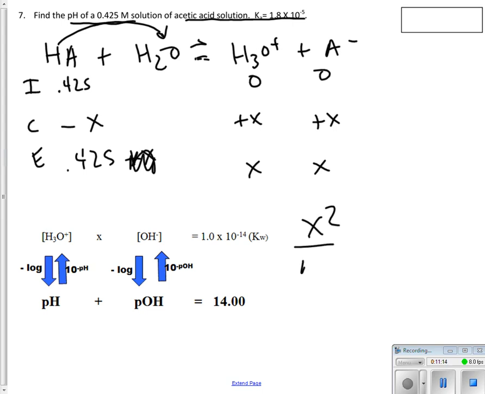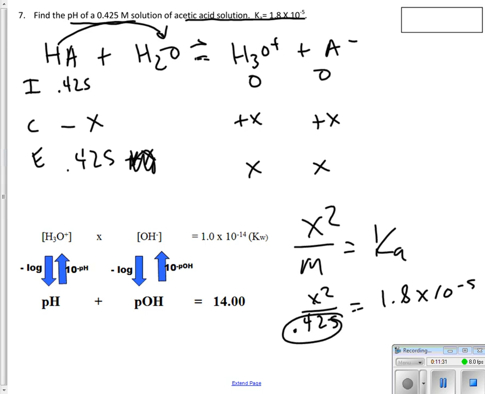So then I'm going to just go x squared over 0.425 is equal to 1.8 times 10 to the negative fifth. To solve this, I'm going to cross multiply: 0.425 times 1.8 times 10 to the negative fifth.